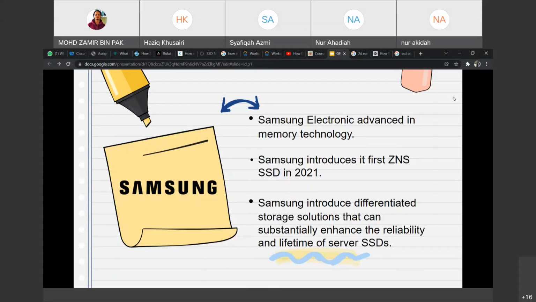Samsung SSDs are considered among the most reliable SSD drive brands, and in 2021, Samsung introduced its first ZNS SSD.